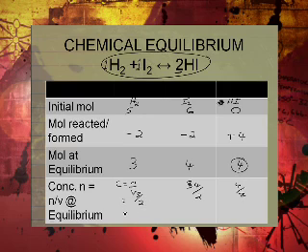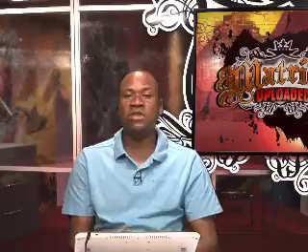From here I can find my equilibrium concentrations. And what will those be? This will be 3 divided by 2, it will be 1,5 mole per cubic decimeter. And we're going to finish off this in the next section.